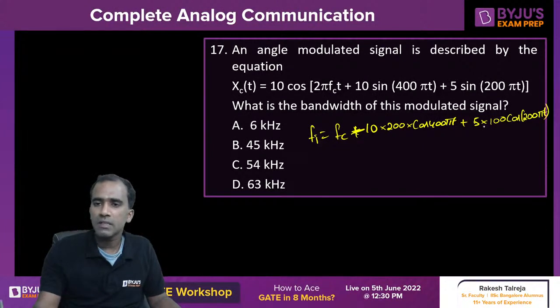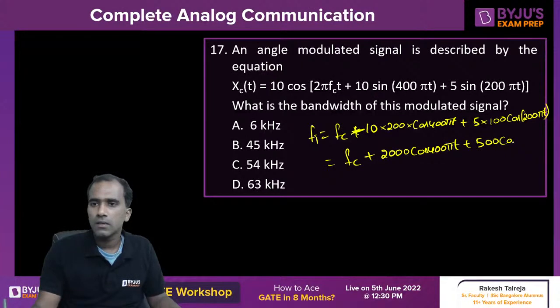Same basics that we have done in the previous slide. So this is fc plus 2000 cos 400 pi t plus 500 cos 200 pi t. Two cos terms, so it's easy to figure out the maximum frequency deviation.